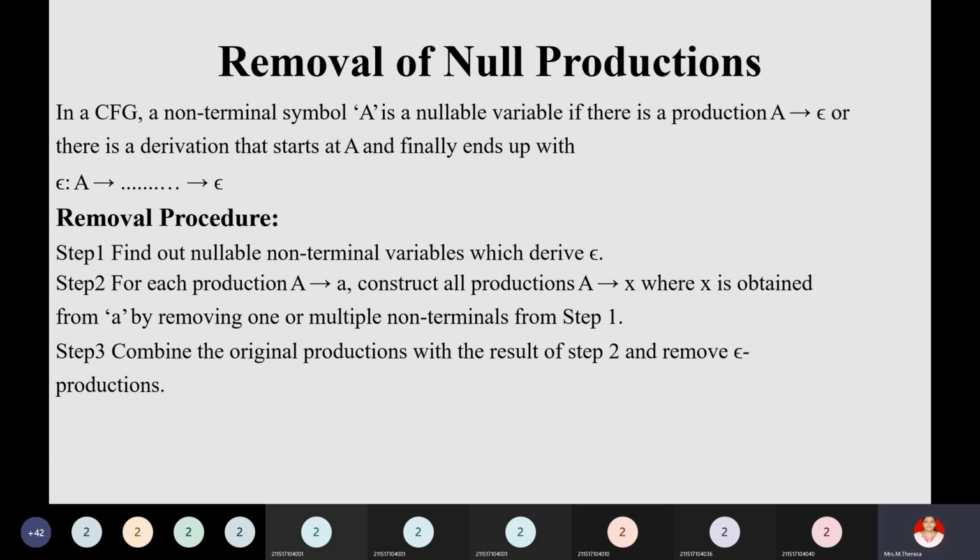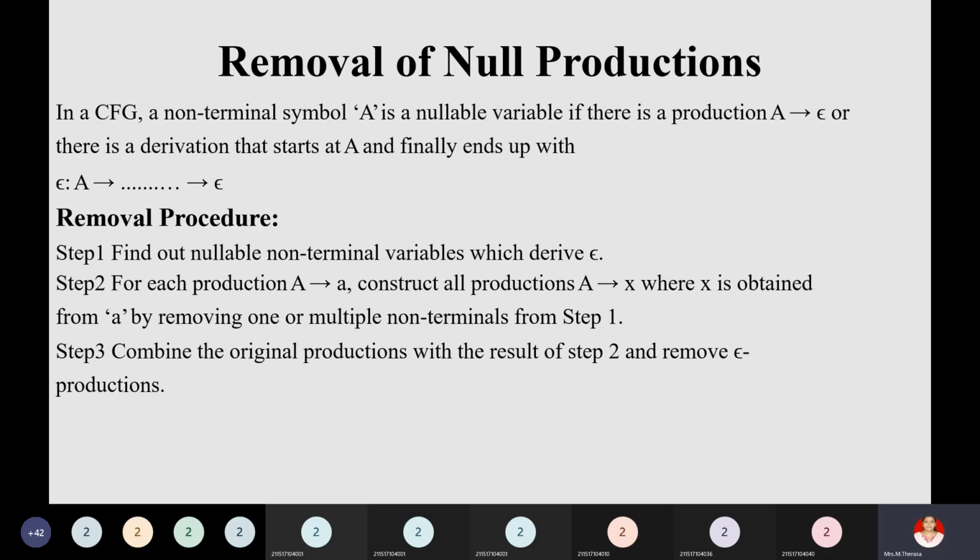If it can produce a null string, or its derivation produces a null string, then you can say the variable is a nullable variable. So in a CFG, a non-terminal symbol A is a nullable variable if there is a production A tends to epsilon or there is a derivation that starts with A and finally ends up with epsilon. Then you can call that variable a nullable variable.